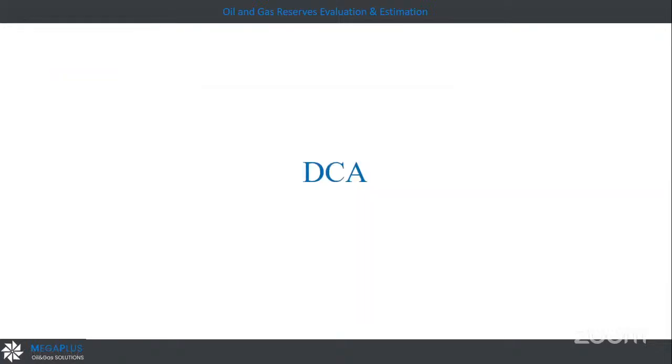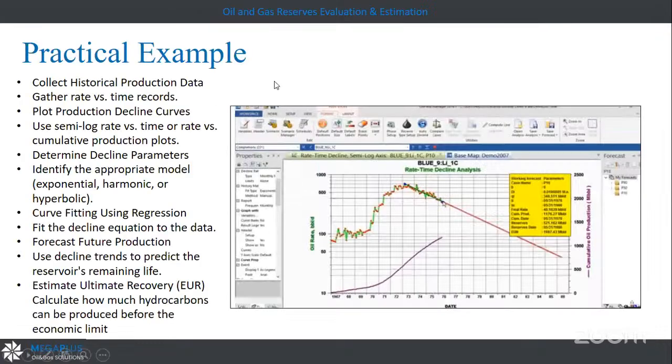For the decline curve analysis, here is an example of the production decline in the reservoir, which is another approach. We first talked about the volumetric equation, which depends on the geologic setting, and then the material balance, which depends on an equation.